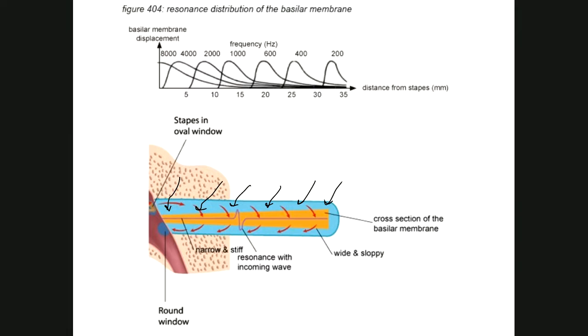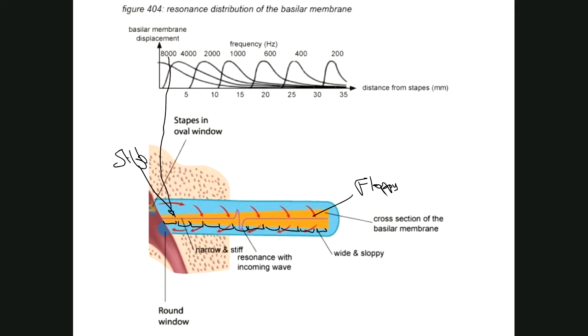Because this one is narrow and stiff, and this end is wide and floppy, each part of this membrane is going to match a different wavelength of sound. And so if you look here, this part of the membrane matches that wavelength. This part of the membrane matches that wavelength, that wavelength, that wavelength, all the way down.